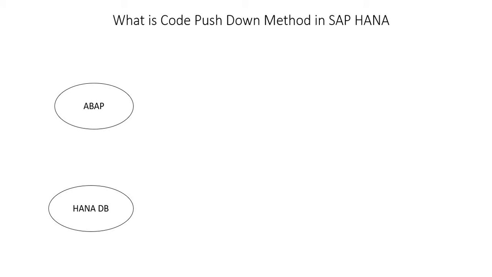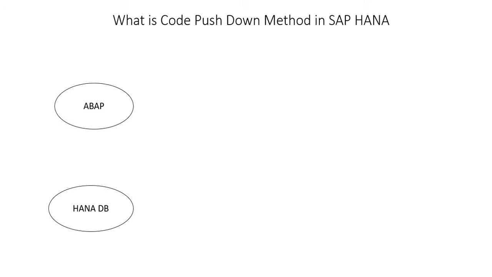That's why every analytics company is using SAP HANA as their primary database, because data reading is faster, and SAP HANA also provides OLTP, meaning transactional data. That's where S4HANA comes in, but we will not move into S4HANA. We will talk about the code pushdown method.